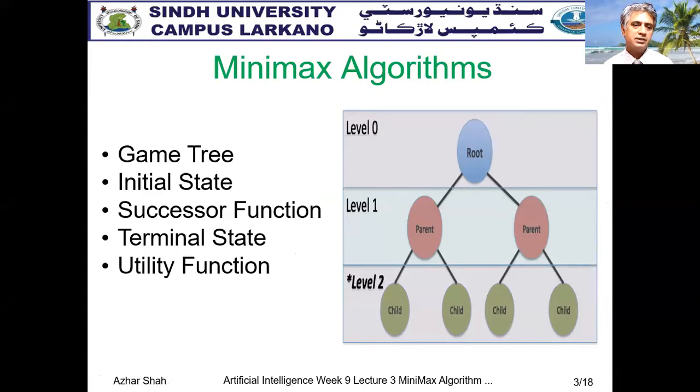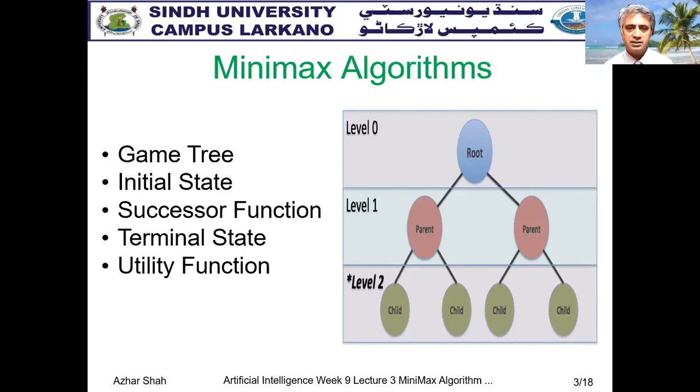A game tree is a hierarchical representation of this model, and each node has two branches, and then this goes on expanding and expanding. So the game tree is the basic structure, the basic element of the Minimax algorithm.